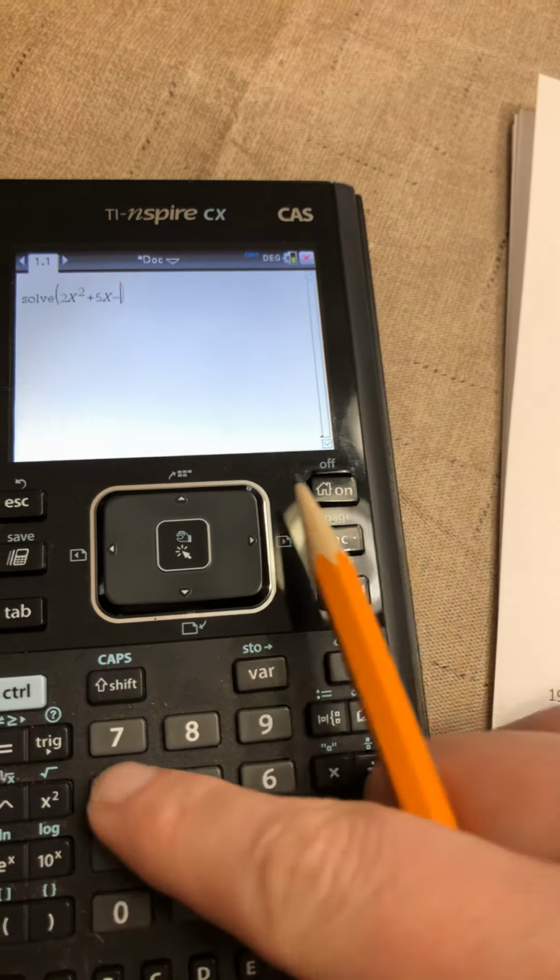Now, if you want to do it algebraically, guys, you could factor this, or more likely, you like to do the quadratic formula. A is 2. That's your leading coefficient. B is 5. And C, the constant, is negative 42.